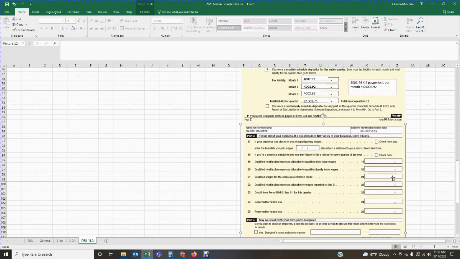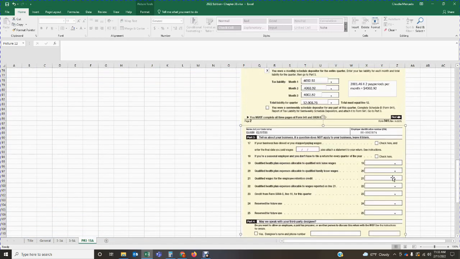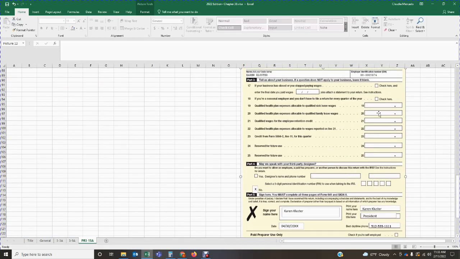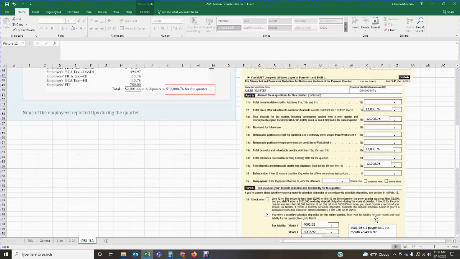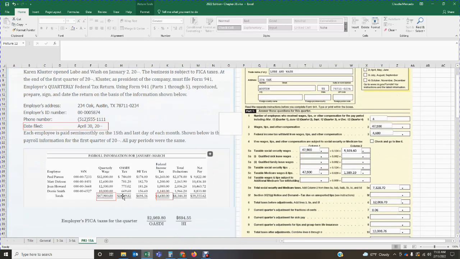So we've completed part 1, part 2. Part 3 does not apply to us. And then part 4, and then part 5. All of the information that you need is on the actual form. It's just a matter of identifying what information you are needing.